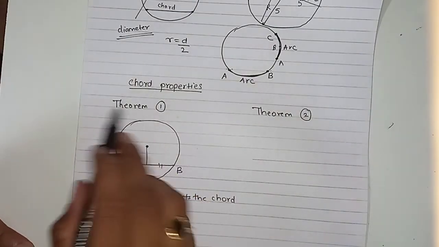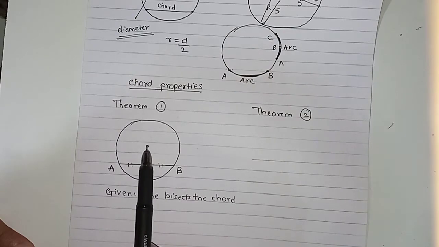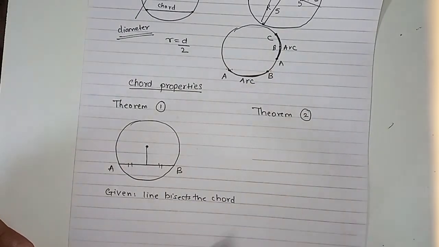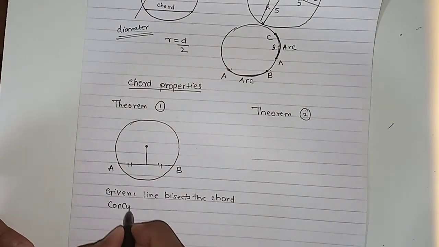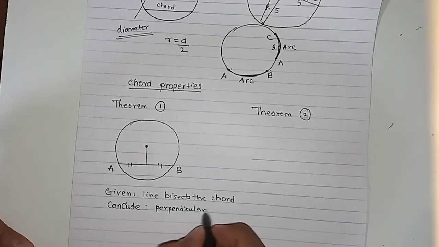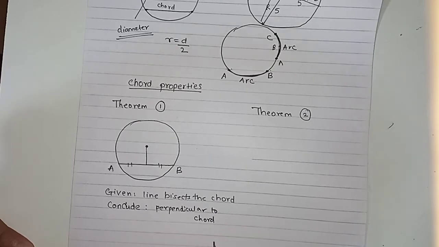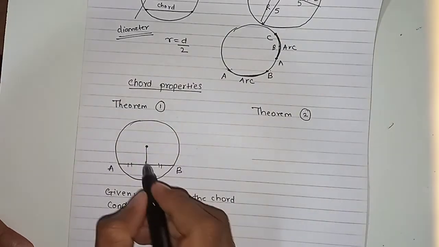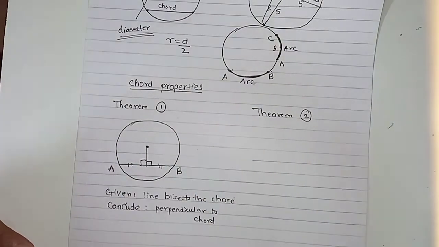So what the theorem says is that a line drawn from the center which bisects the chord is perpendicular to the chord. Okay, so what can we conclude here? If this line bisects the chord, then this line has to be perpendicular.